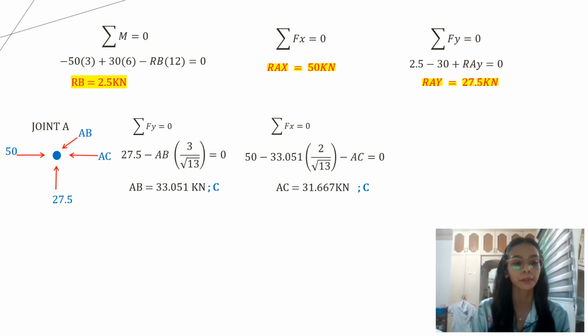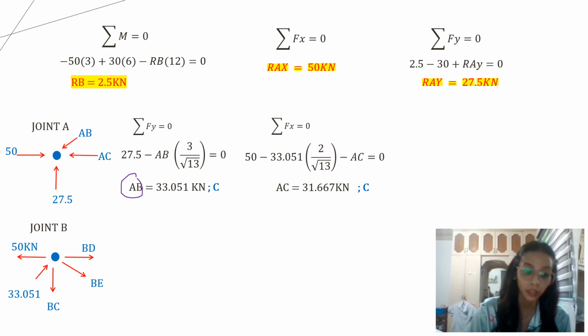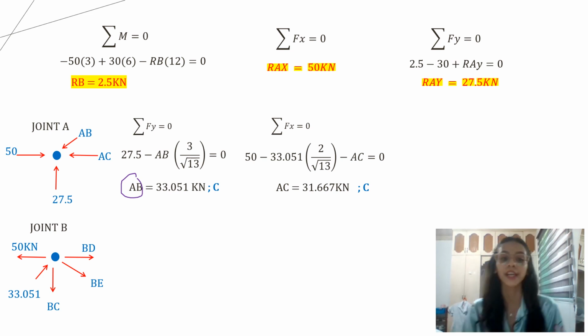For our joint B, we have 50 kN pointing to the left and our BD pointing to the right, and our 33.051 which is our AB, then BC pointing downward and BE pointing downward to the right.